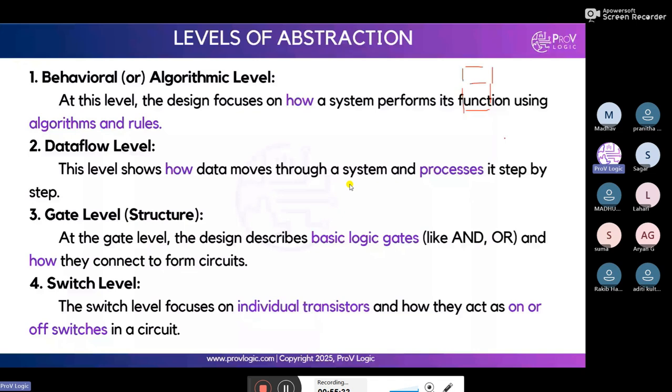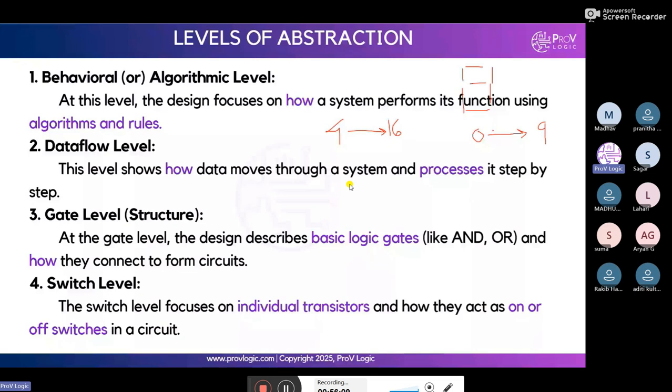How many values will it display? 0 to 9, BCD. 0 to 9 means how many input combinations? There will be 4 inputs. Okay, 4 inputs means how many combinations? 16 combinations. Okay, so now you got the functionality of the LCD display.